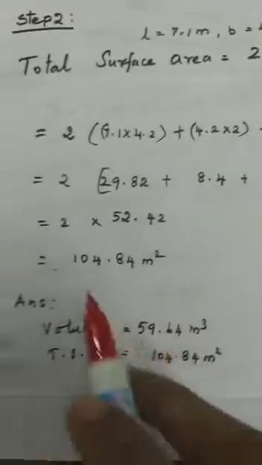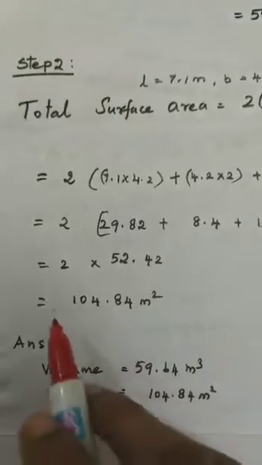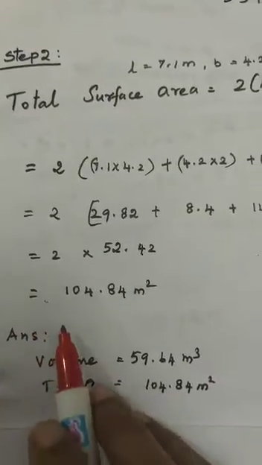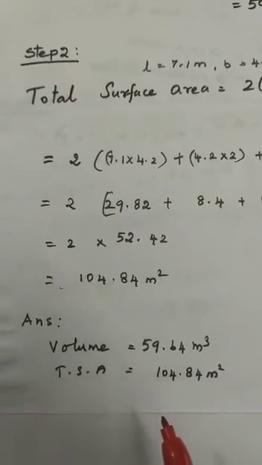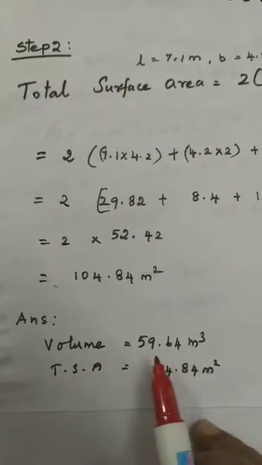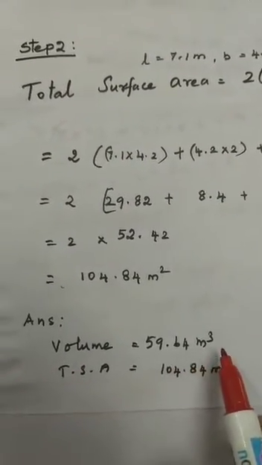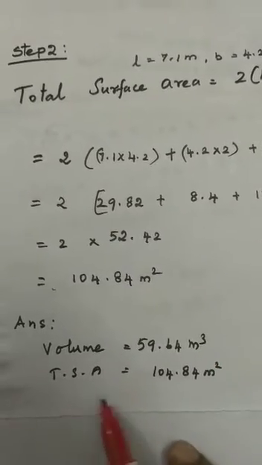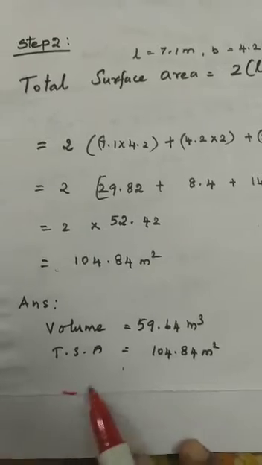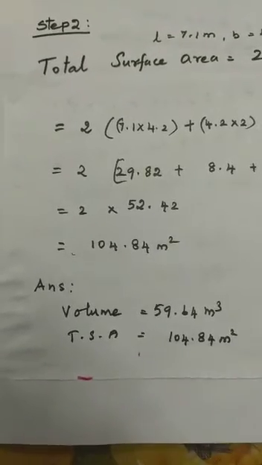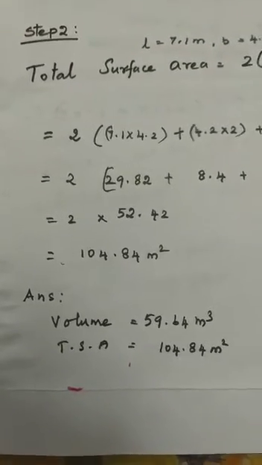Then 52.42. Now you multiply with 2, that is 104.84 meter square. So we have found the volume is equal to 59.64 meter cube, and TSA, total surface area, is equal to 104.84 meter square.